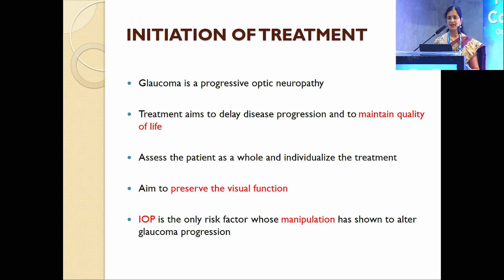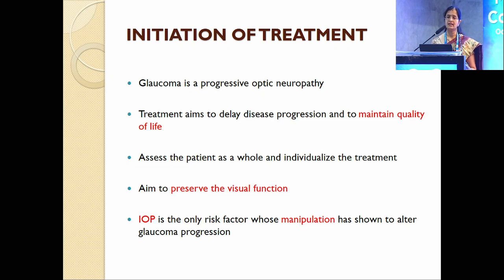So how do we do that? We do that by reducing the intraocular pressure. Intraocular pressure is the only risk factor whose manipulation has been shown to alter glaucoma progression. So that is the only thing we can aim at. When we see a patient, we look at the initial presenting pressures, the extent of disease in the eye, how much damage is there, the comorbidities, and whether there is a strong family history.